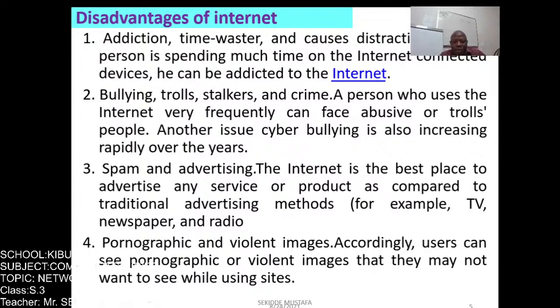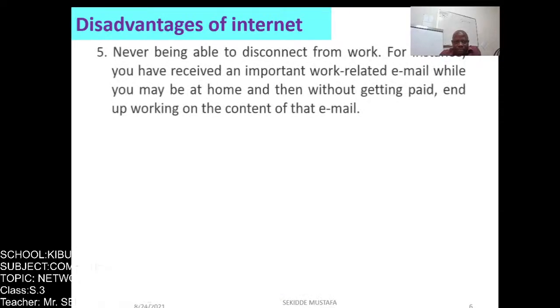That is one of the disadvantages of the internet, because those people who are trying to advertise their sites through pornography send adverts and pop-up messages such that you follow the lead and end up going into pornography, and that is a very bad site which comes onto the internet. So it becomes a very big disadvantage.